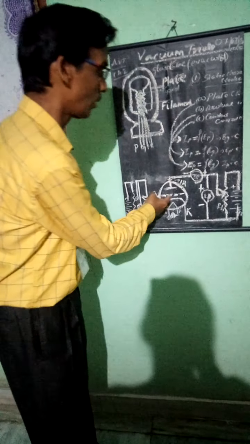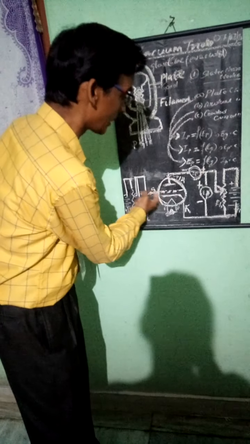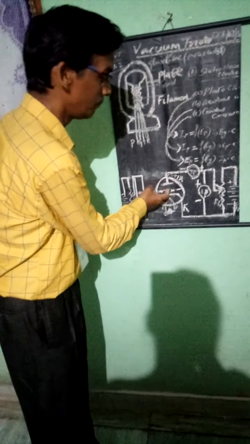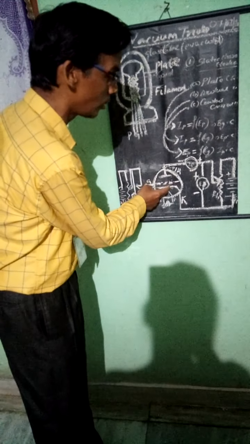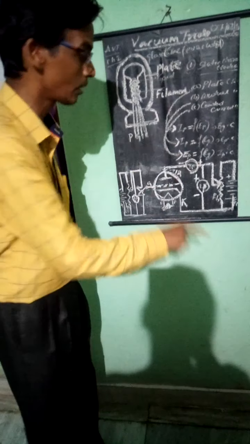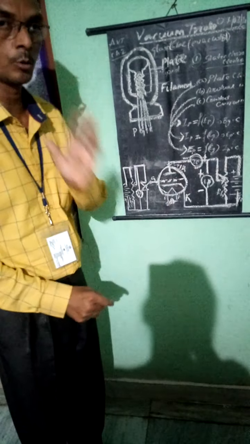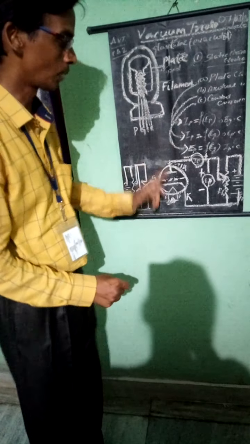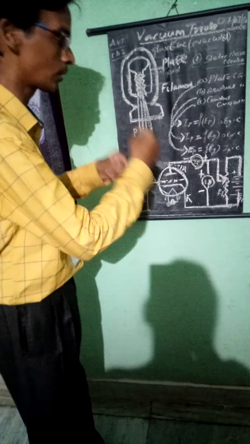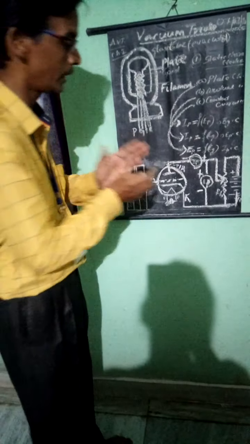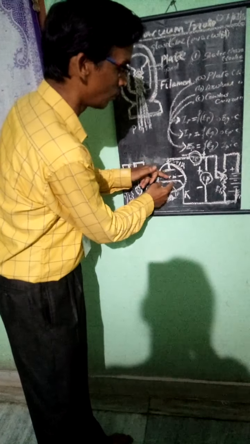Then remember what happens now. You see, I have introduced another electrode, the control grid. The grid is the terminal connected in between the plate and the cathode, but kept nearer to the cathode. As it is kept nearer to the cathode, it controls the flow of electrons from the space charge. So if there is control of the flow of electrons, automatically a retarding force takes place between the cathode and the grid.